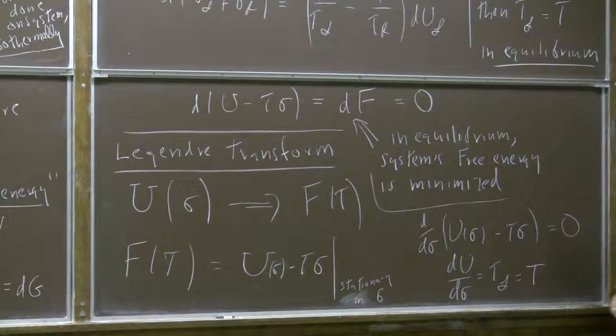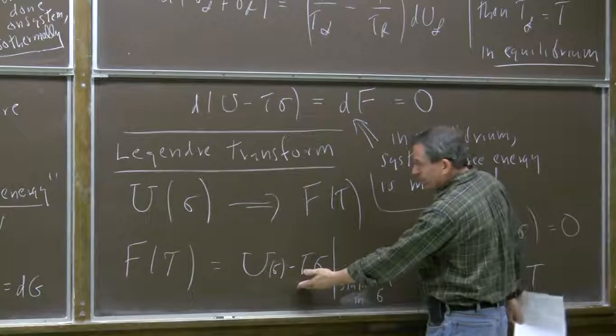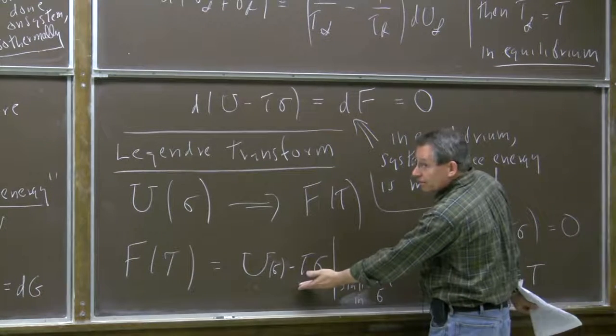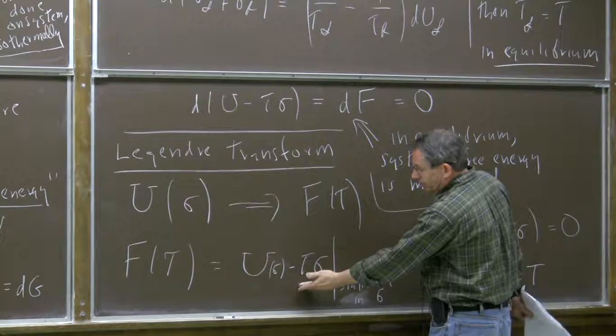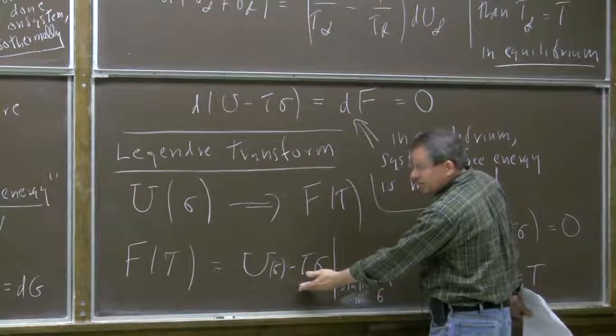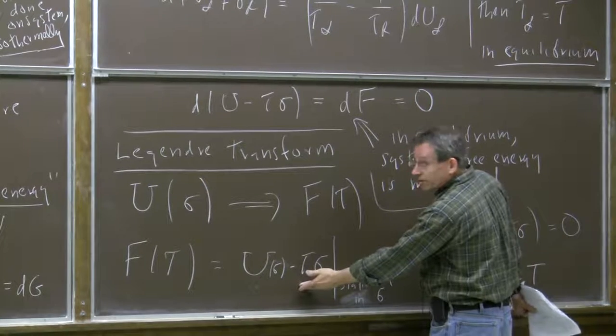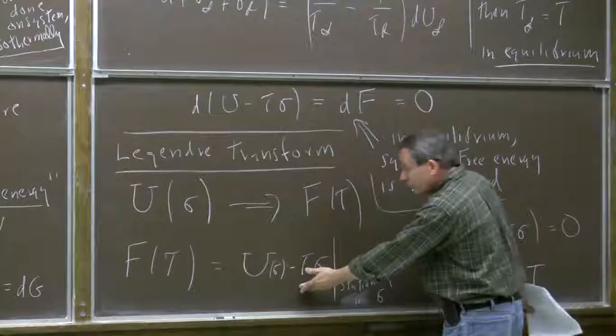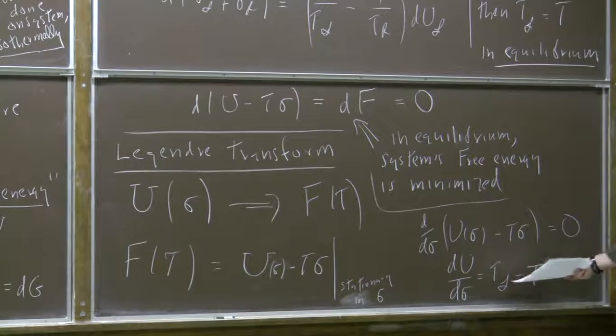Okay? So in other words, think of tau as a parameter, which is the temperature of the reservoir, and we change the temperature of the reservoir a little bit. Well, then the system has to adjust its state so that its temperature still matches the temperature of the reservoir. That's the stationary condition. Okay?